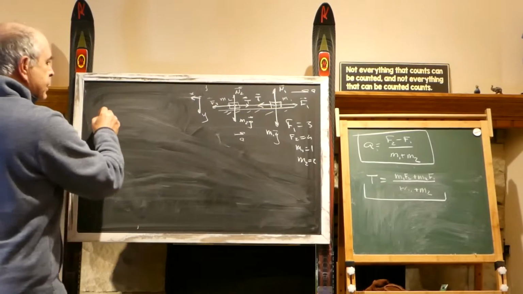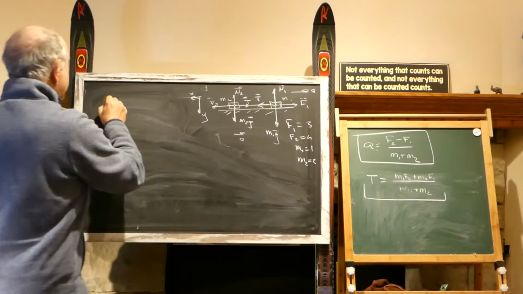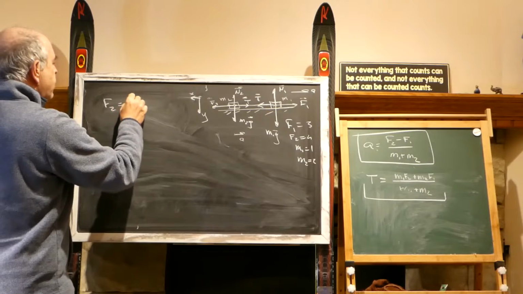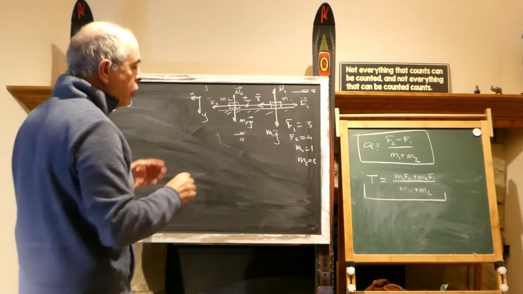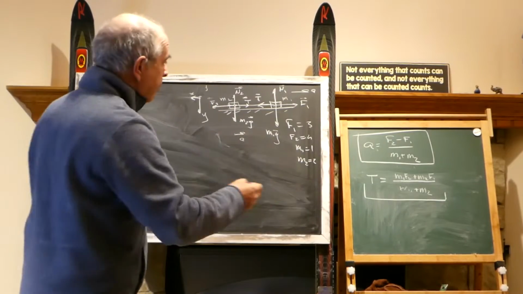For example, we discussed what happens if F2 equals 0. This was the first case. F2 equals 0, and this was the previous problem.